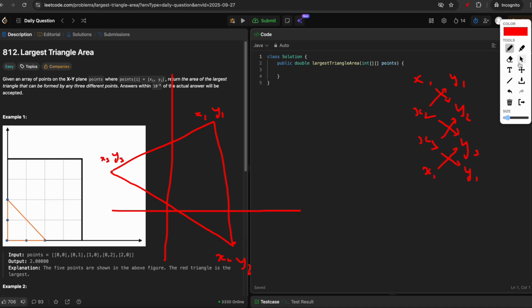So let me just write it here. x1, y2 minus x2, y1 plus x2, y3 minus x3, y2 plus x3, y1 minus x1, y3. We have 6 terms here, so let's simplify it by taking a few terms common.